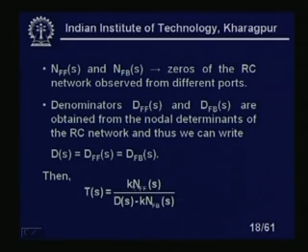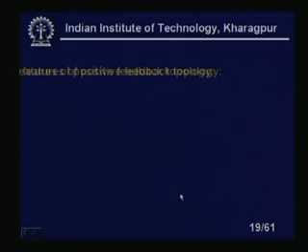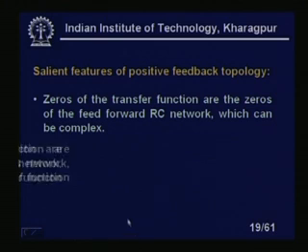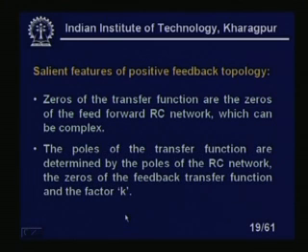Zeros of the transfer function depend on the zeros of the feed forward transfer function, that can be complex, clear. Whereas the poles of the transfer function are determined by the poles of the RC network, the zeros of the feedback transfer function and the factor k.